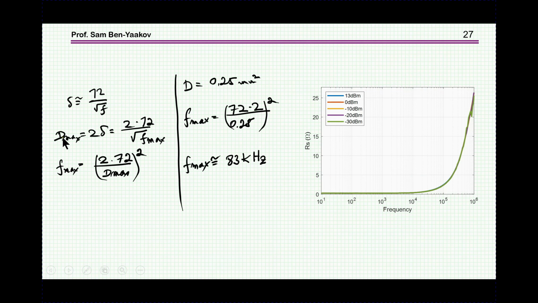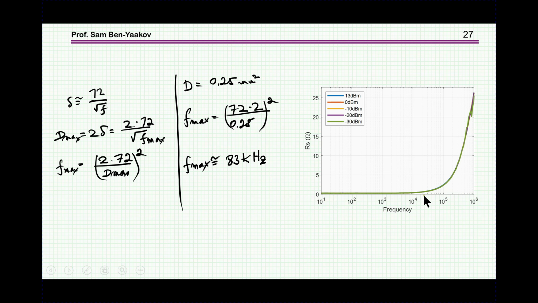So with a wire of 0.25 millimeter, the maximum frequency that you can operate at is 83 kilohertz. This is when the skin effect or skin width is sort of taking over, okay? So 0.25 will be then twice the skin width. So the practical range of operation is up to 83.